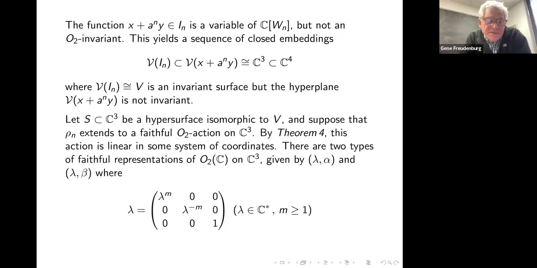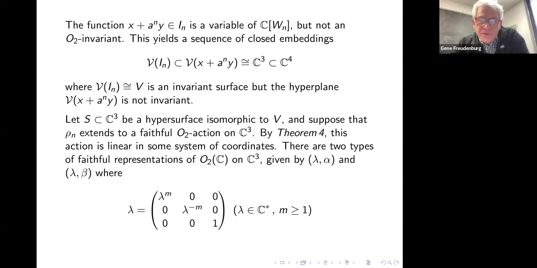So let's suppose that S in C3 is a hypersurface isomorphic to V, and suppose that this action rho n extends to a faithful O2 action on C3. Then by theorem 4, this action is linear in some system of coordinates.